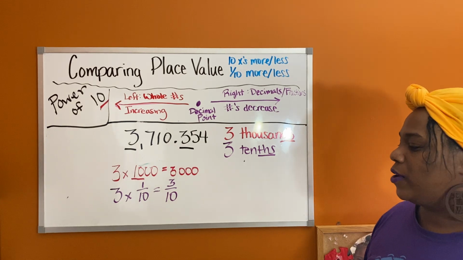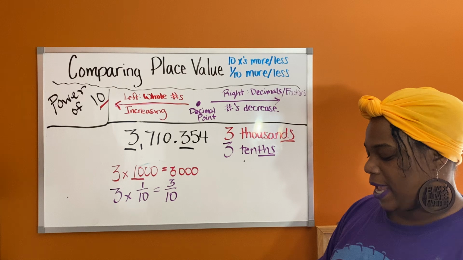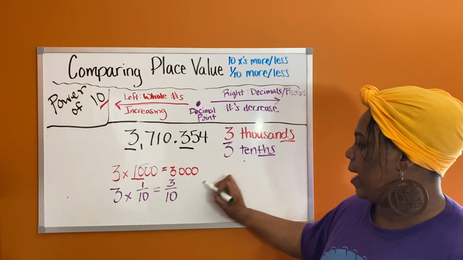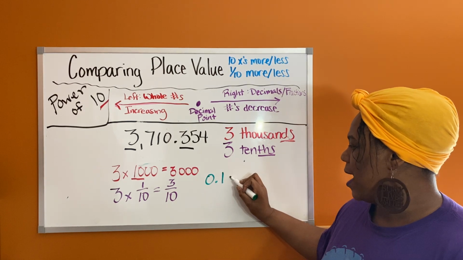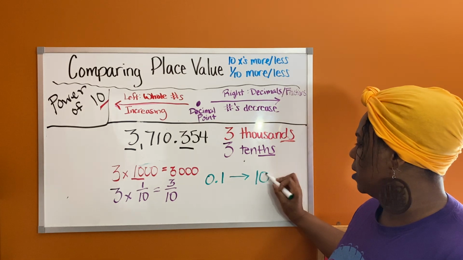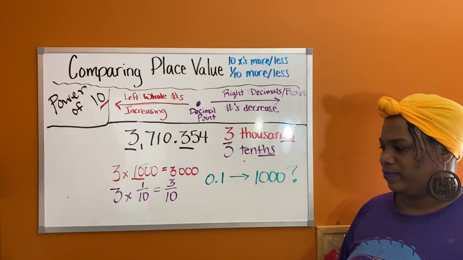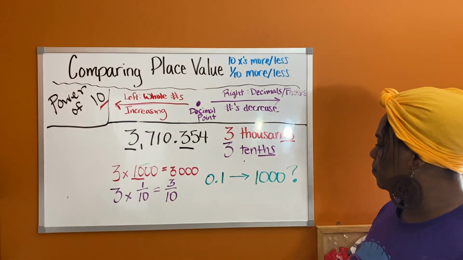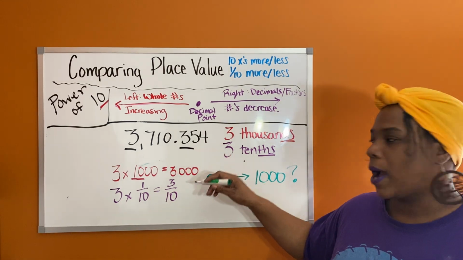So now I need to figure out, using my understanding of power of 10, how do I get from tenths, 0.1, how do I get from there all the way to thousandths? How does that happen? What do we do? All right, so this is how you need to look at it. It's the same thing here as the previous problem.